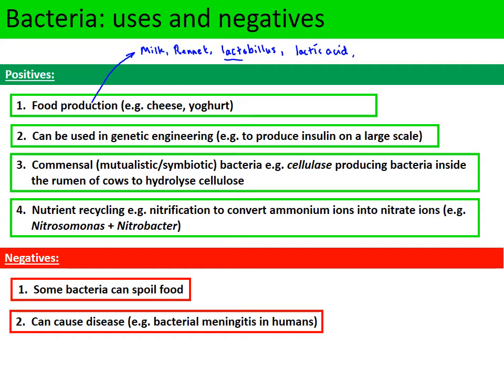Now another use of bacteria is in genetic engineering. So inside the cytoplasm, we'll see next, in a bacterium, they have small circular pieces of DNA called plasmids. Now these plasmids can be extracted and human genes can be inserted into the plasmid to create a recombinant plasmid.